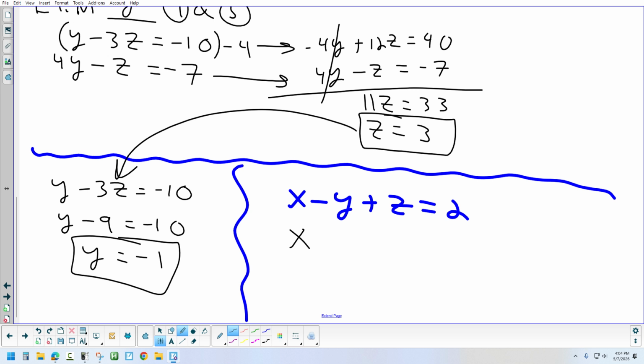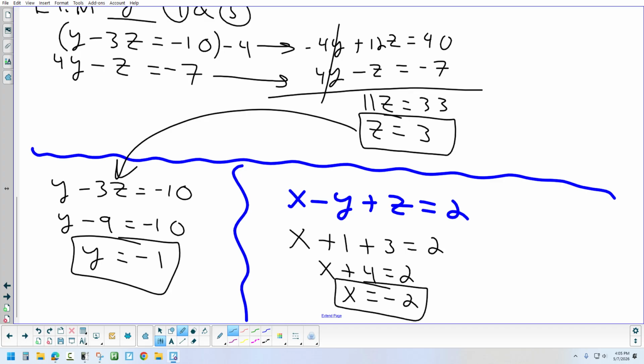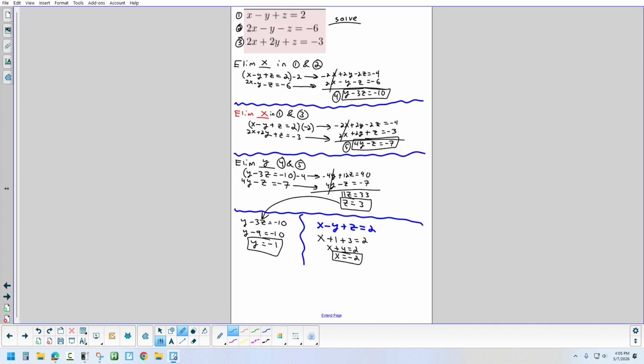And when we plug that in, minus negative 1 gives positive 1. And for z, we got 3. So that means x will equal negative 2. And that's how you solve that system.